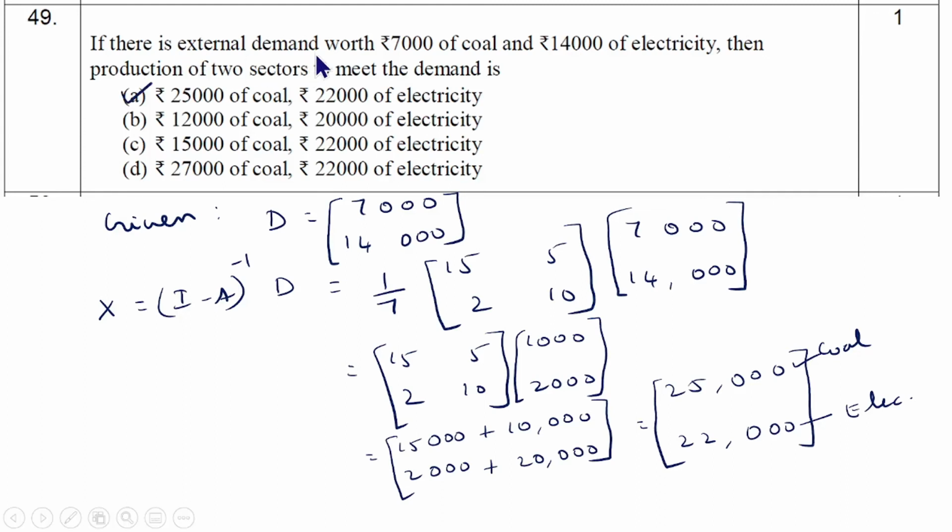For this question, we need to find X as (I minus A) the whole inverse into D. The demand is given as 7,000 rupees and 14,000 rupees. Using this, we get X as the matrix 25,000 and 22,000. It means the production of two sectors to meet the demand is 25,000 rupees of coal and 22,000 rupees of electricity.